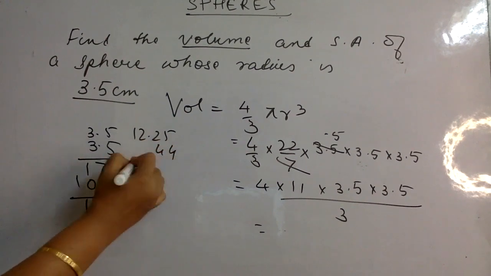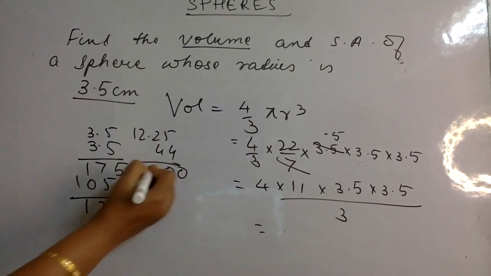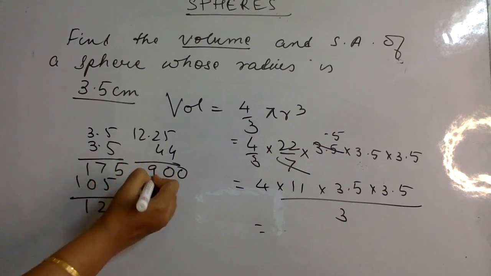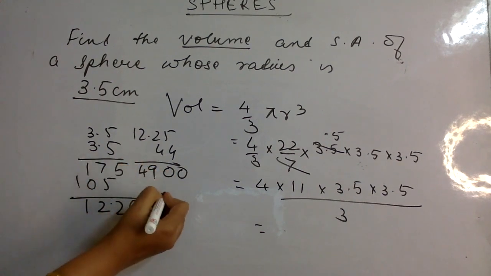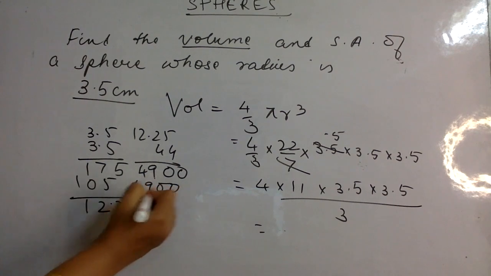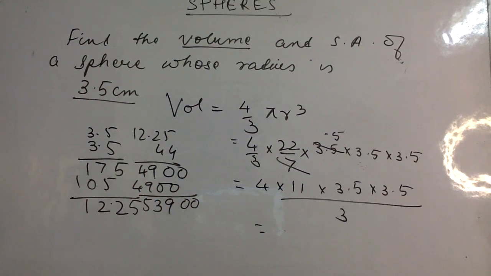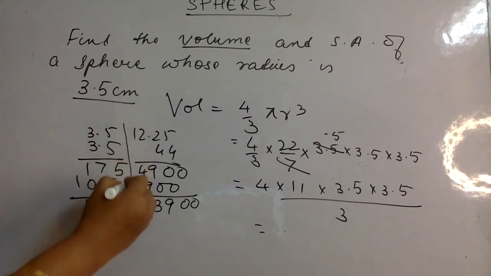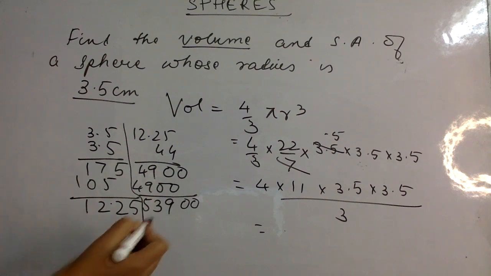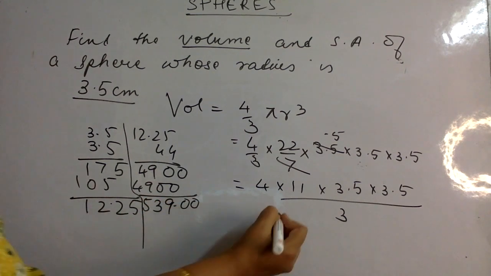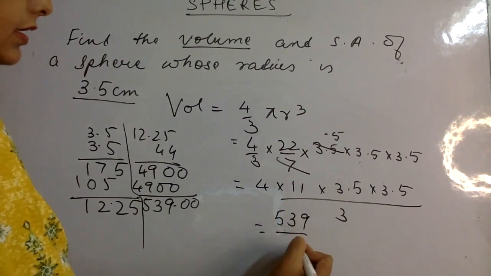12.25 into 44 comes to 539. 539 divided by 3.